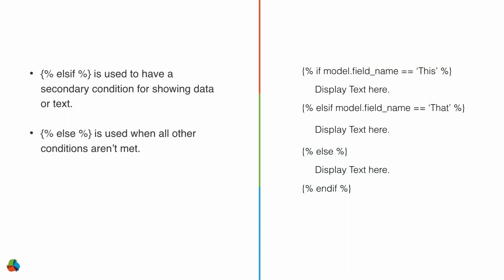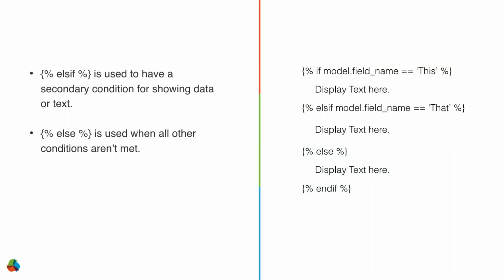If that, show text. This format allows you to have specific parameters in which you display data. The else statement at the end is for when all other statements are not true. Display this text.